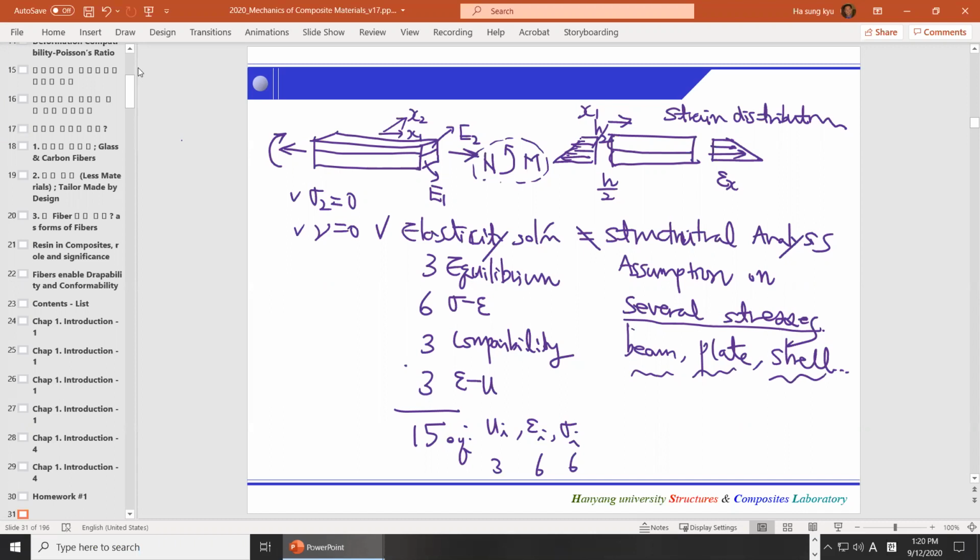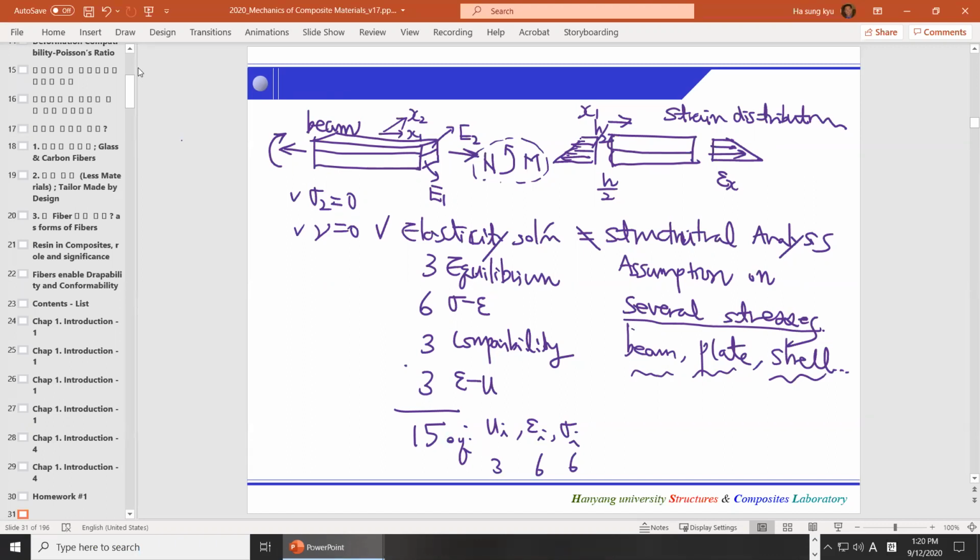While this one is, of course, a one-over beam. And in this beam, even though this is a beam type, of course, there are 3 equilibrium equations and 6 stress-strain relations and 3 compatibility conditions and 3 strain displacement relations.